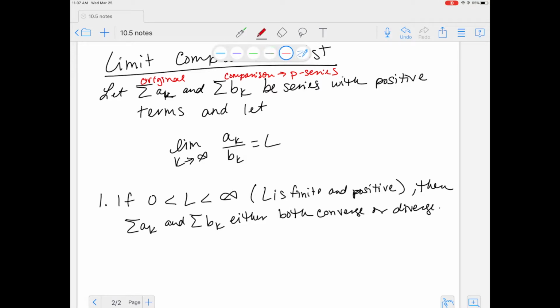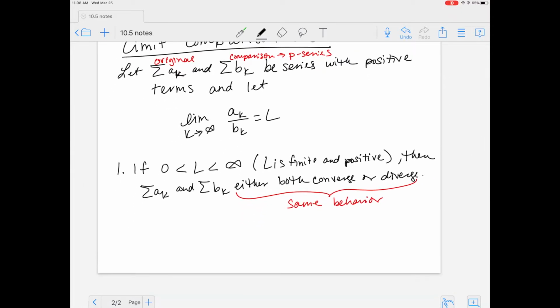So the same thing that happened with our integral test, right? This just means same behavior. So we want to look at our comparison with the P series. Then if you come up with just a number here with my limit, then you get same behavior. That's what that just said.